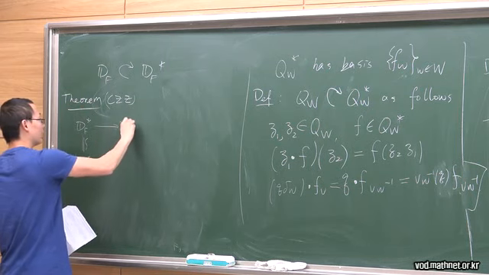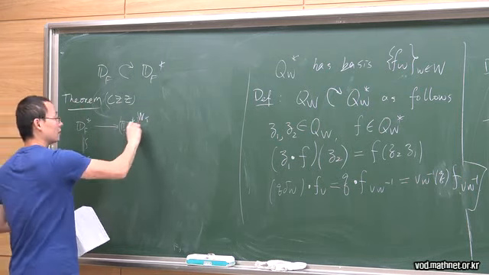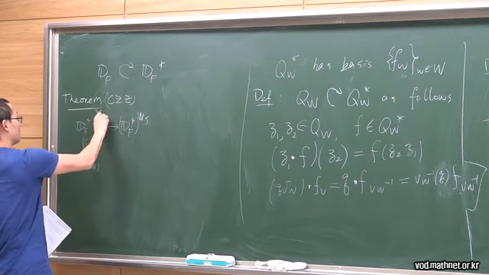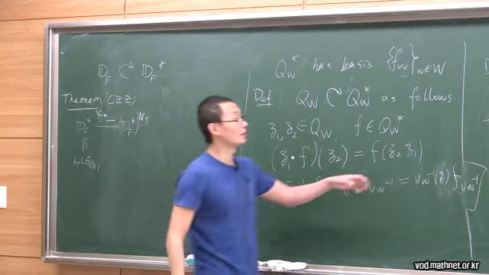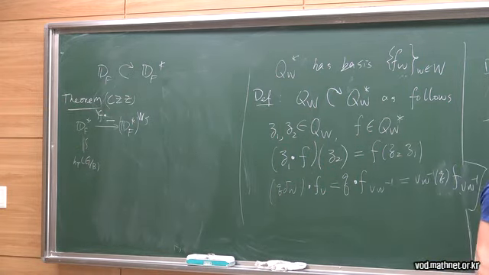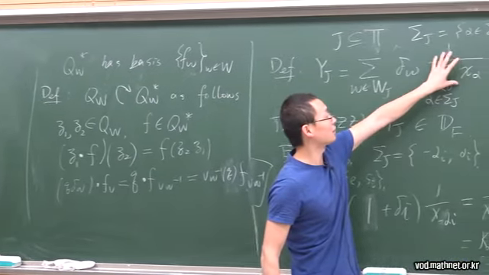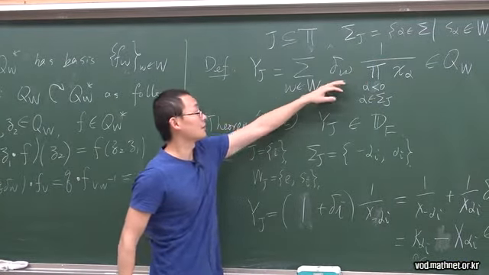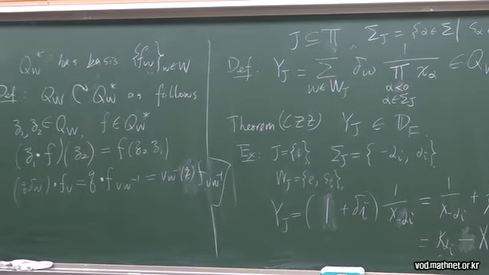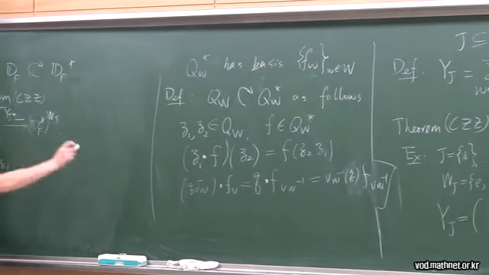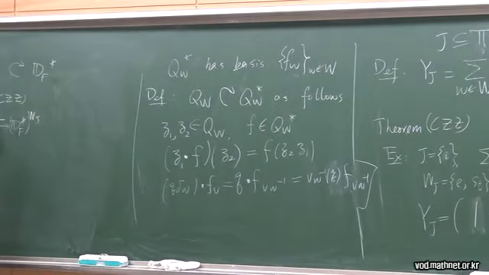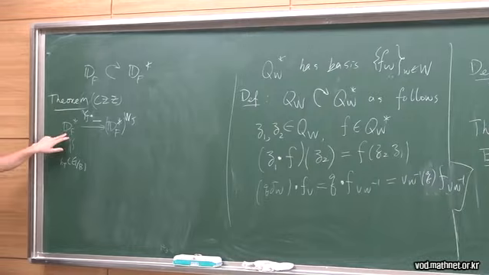Now, if you apply Y_j, you see from the expression of this Y_j that first you apply the action of this fraction, and then you apply delta_w, and then take the sum. So it will give you some W invariant element. But because w comes from W_j, if you apply Y_j you are not going to leave D_F star.